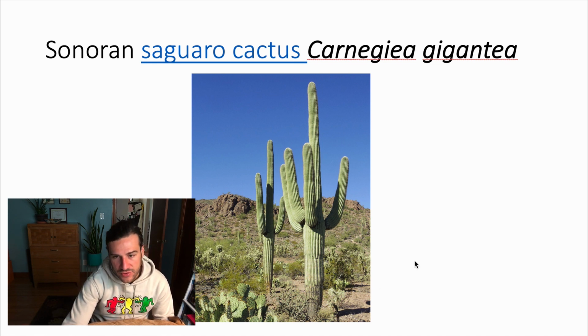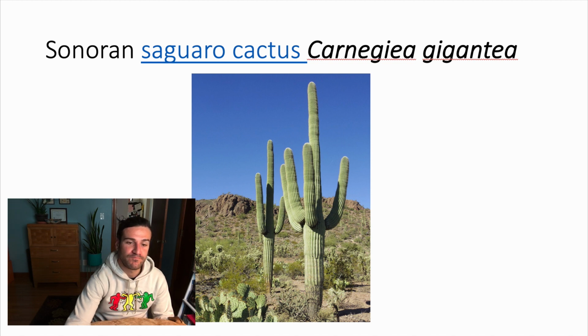Over evolutionary time, there are no leaves, and this is actually the photosynthetic structure. So this minimizes their surface area for photosynthesis, so water is better maintained in these smaller surface areas.